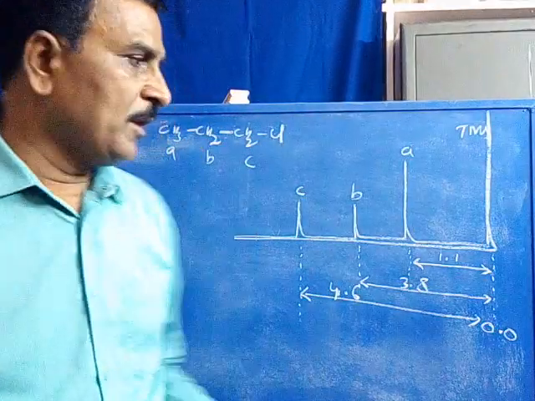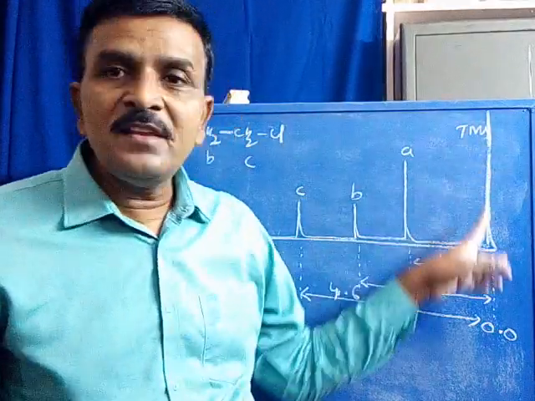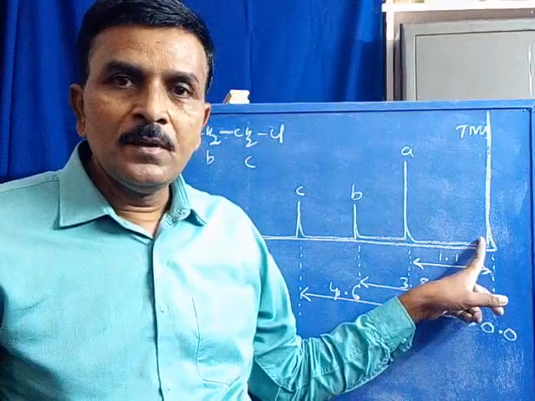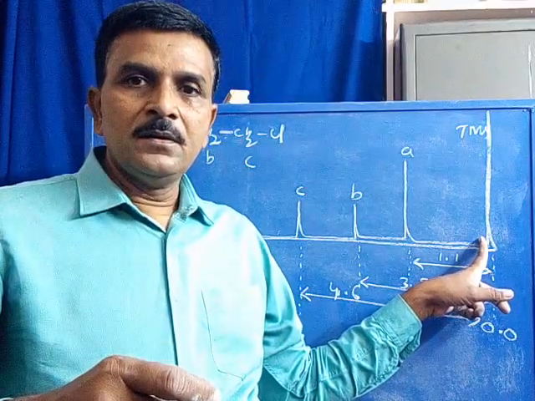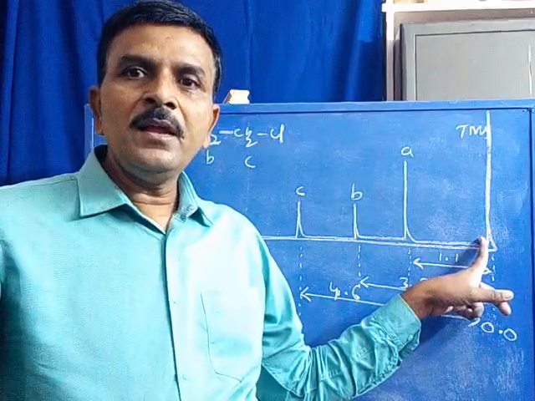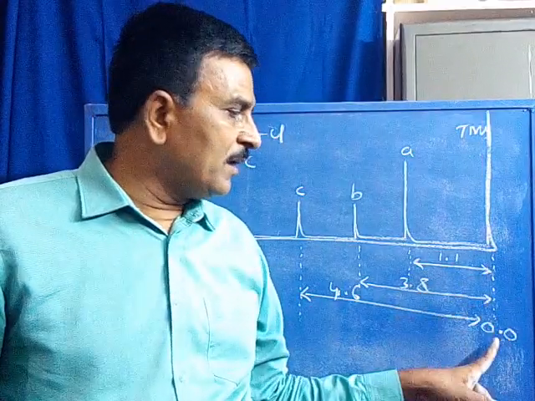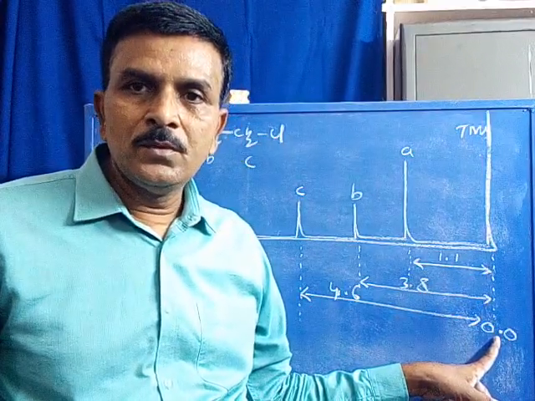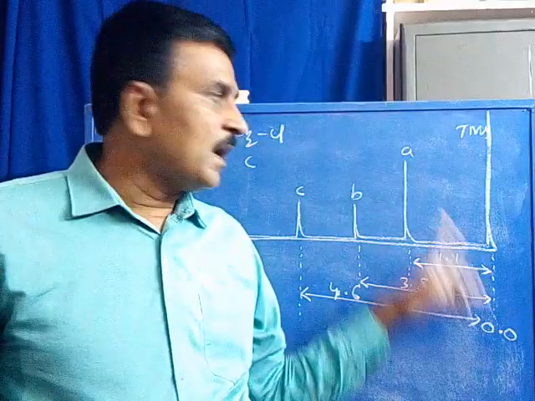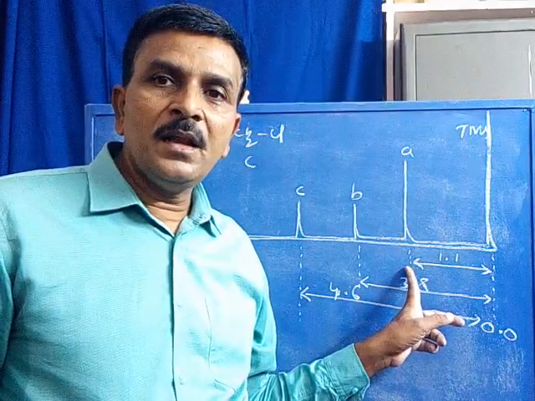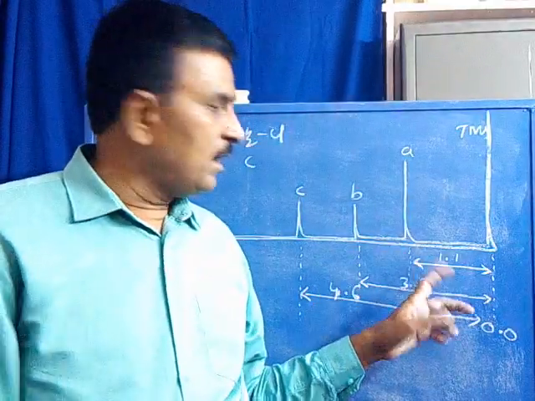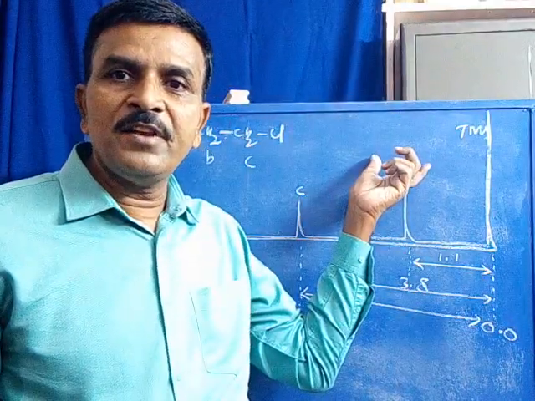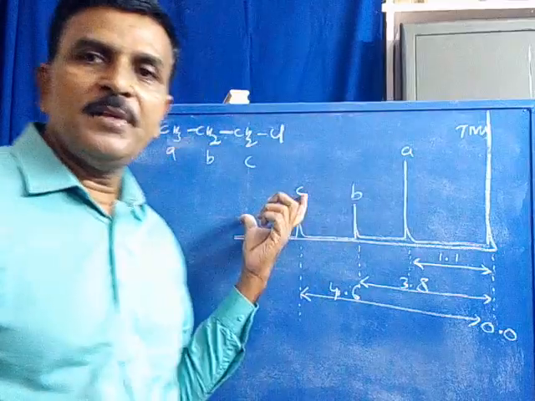Is it clear? Now, once there is a TMS signal, we can easily predict that the absorption frequency at this point belongs to 0.0. So by comparing our proton signal position with the 0.0 or TMS signal, we get the absorption frequency for the first one. Similarly second, similarly third one.